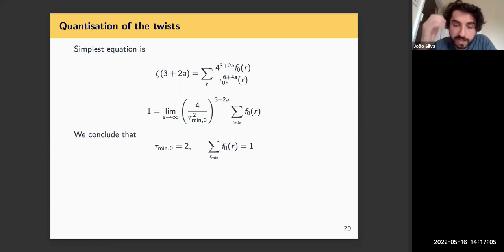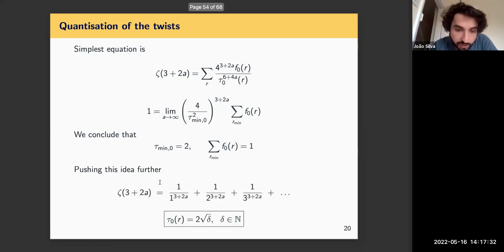And so on the right-hand side, the leading contribution when you take a large is given by the operators with the minimum twist, which I highlighted here, times the sum of their OPE coefficients. And so the only way for this equation to be satisfied is if the minimum twist is 2, and if the sum of these OPE coefficients f0 gives 1.